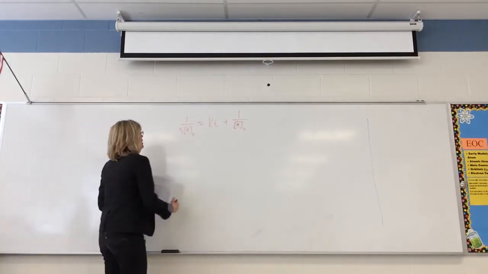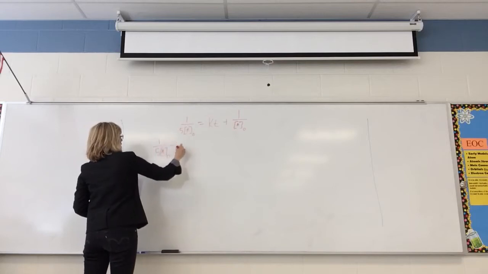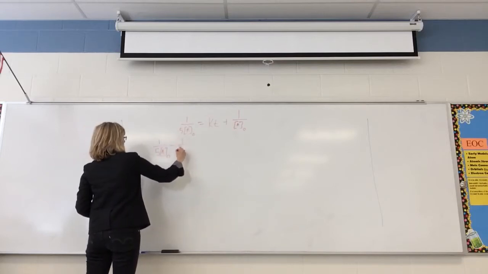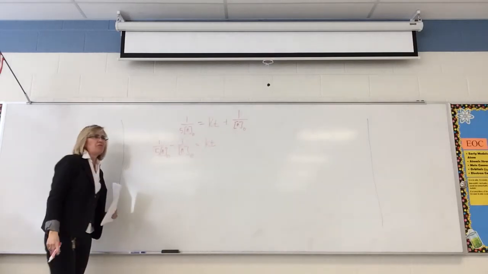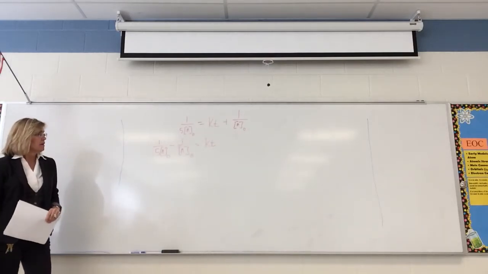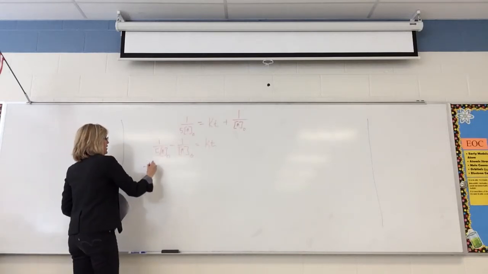All right, well, 1 over 0.5 minus 1 over the initial concentration. Are you with me so far? Okay. 1 over a half is really 2, correct?